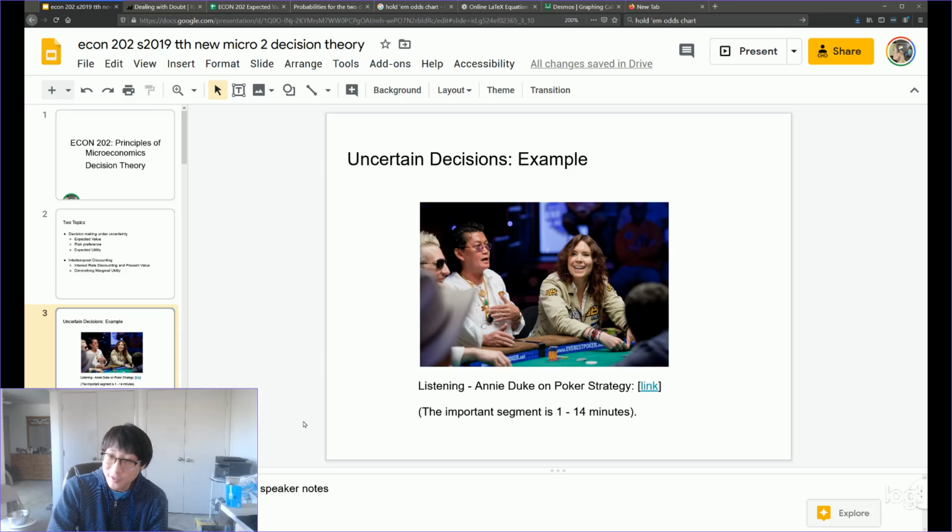She describes competing with her brother, and she lays out a strategy or a rule for how somebody ought to make decisions under conditions of uncertainty. So I want you to pay attention to this rule or strategy that she is describing. It's really interesting listening.